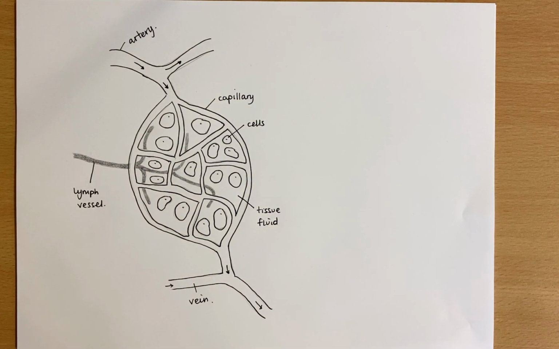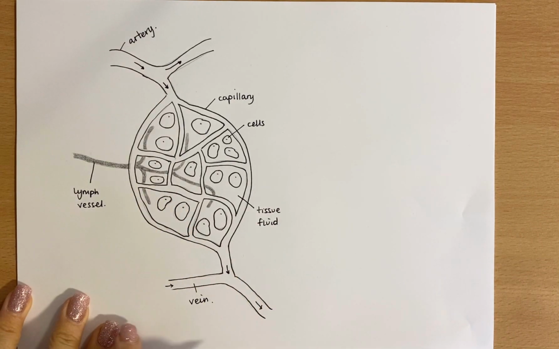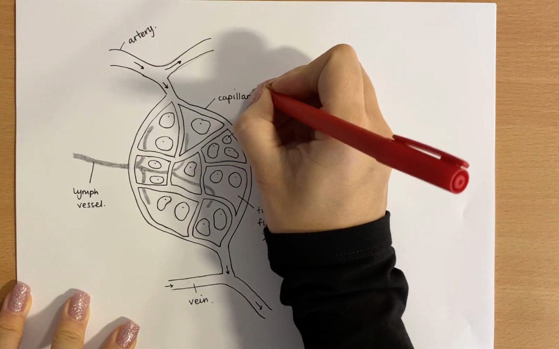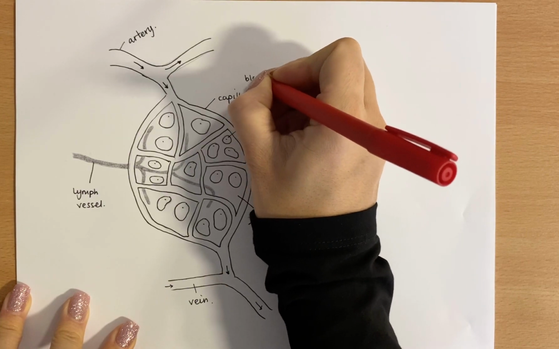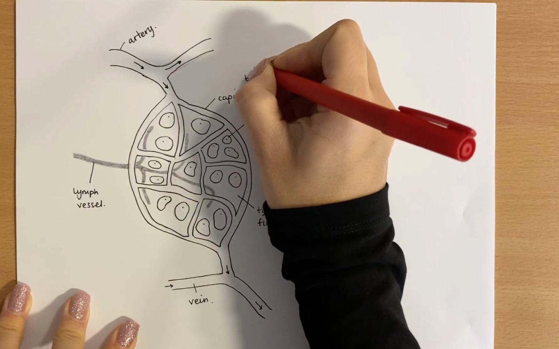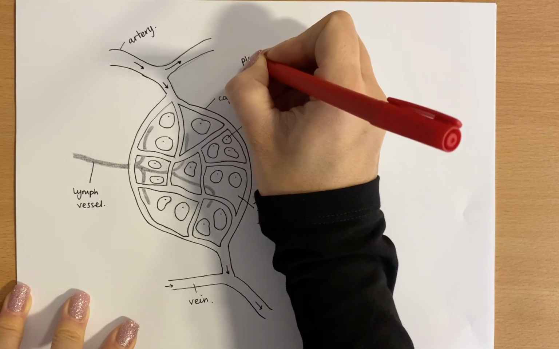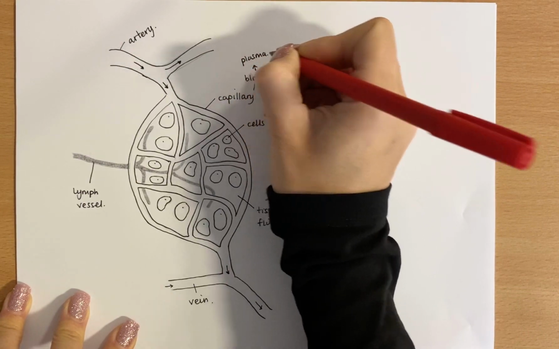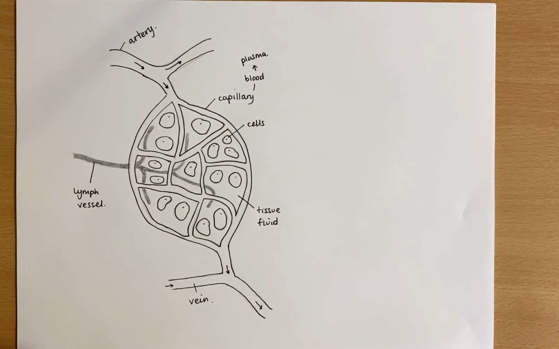So remember that tissue fluid contains a range of substances, salts, sugars, water and things like that. Now in that capillary bed, that capillary contains blood, which contains plasma. And that plasma has all those dissolved substances in it.